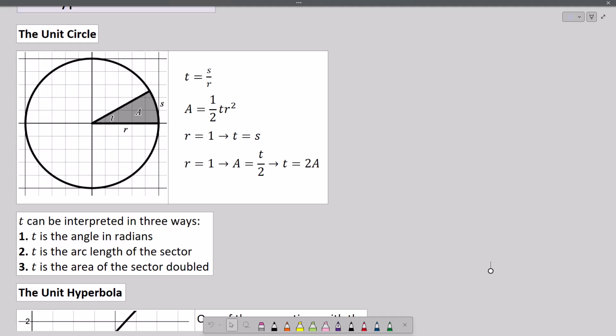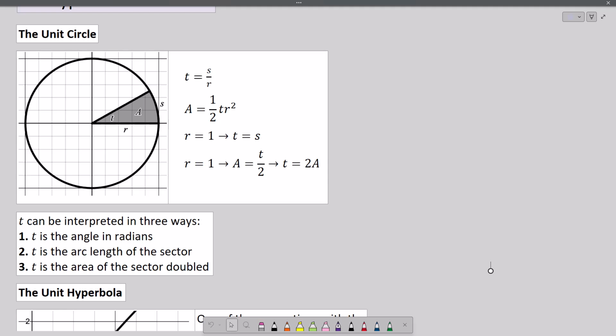Do you see why we call radians unitless? Radian is not really a unit. When you say something's in radians, you mean it's not in degrees. So s has units of length, correct? We're just measuring along the edge of the circle. r has units of length, so they cancel.